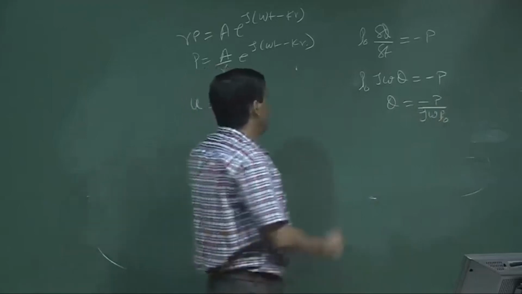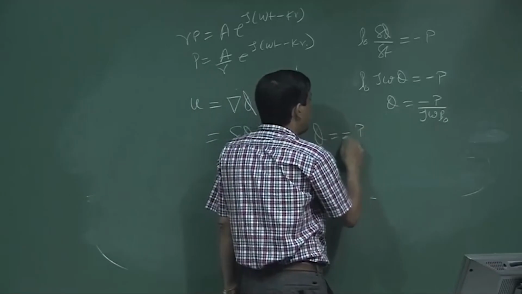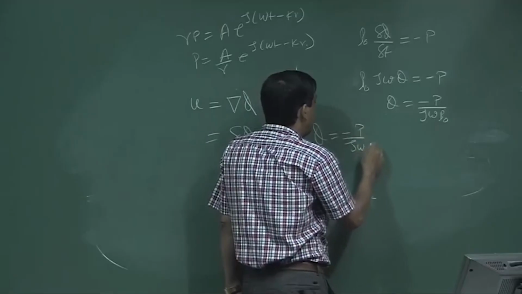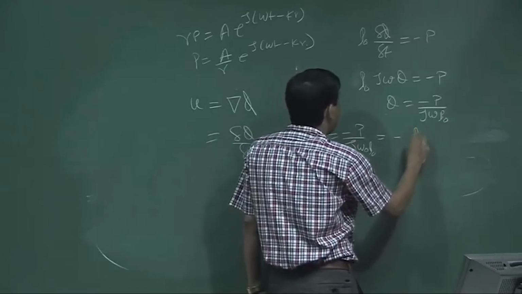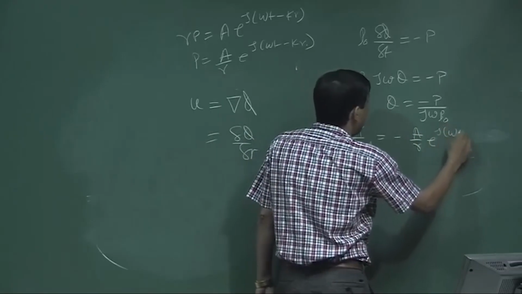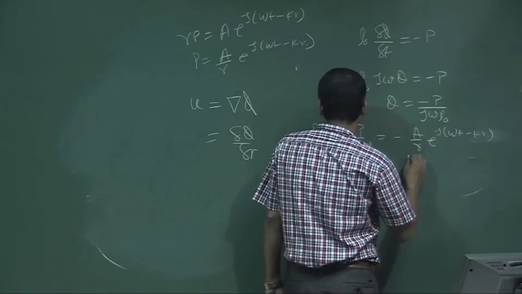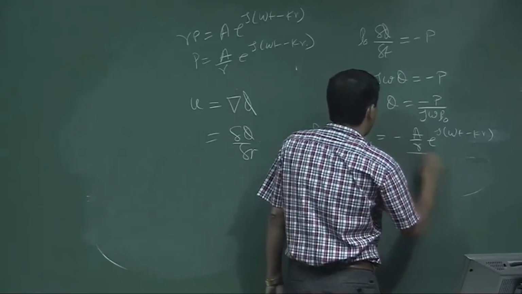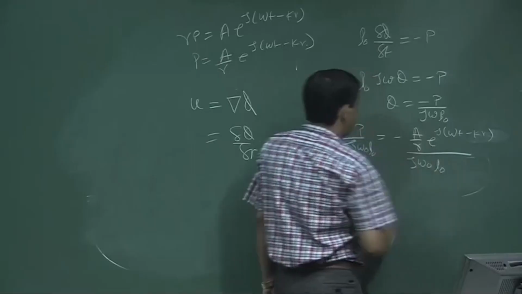Phi is equal to minus p by j omega rho 0, so I can write minus A by r e to the power j omega t minus k r divided by j omega rho 0.